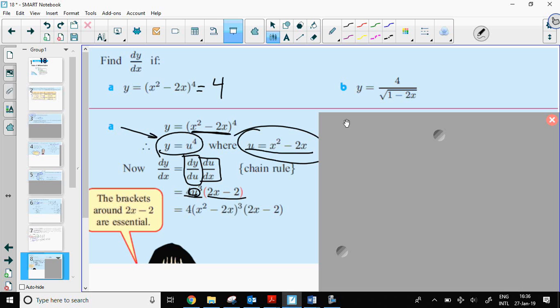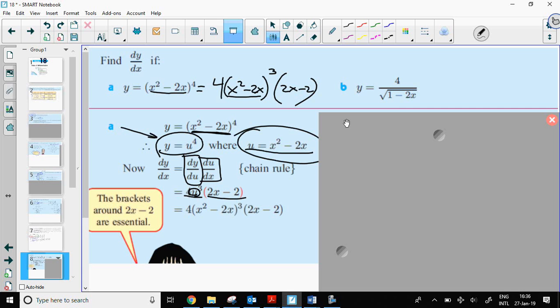So it's going to be 4 times a thing cubed. What is that thing going to be? Remember, it's the derivative of the outside evaluated at the inside, meaning this is just going to get copied down. And then we're going to multiply this by the derivative of the inside function, the derivative of that thing that I just wrote down, and the derivative of that is 2x minus 2.